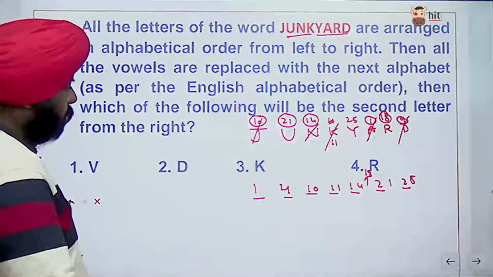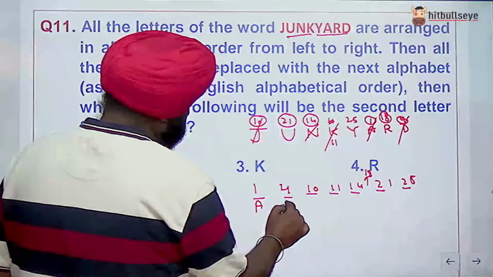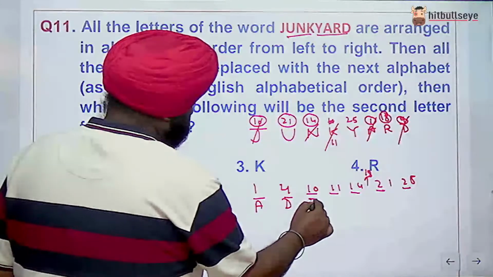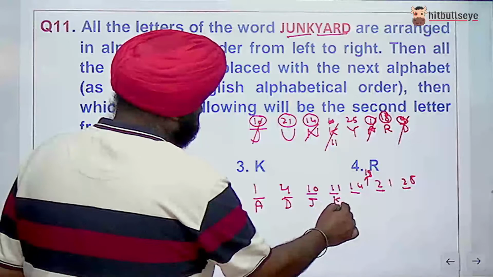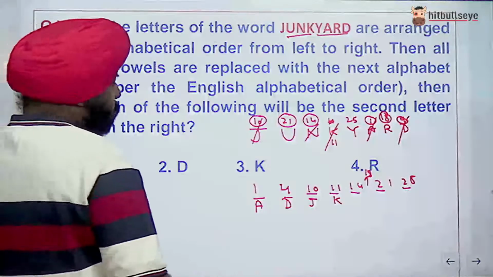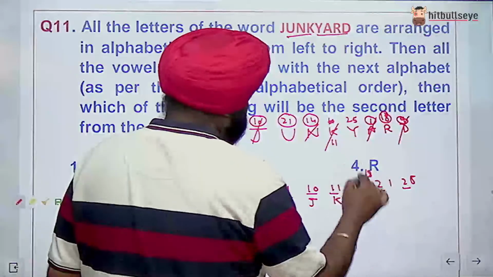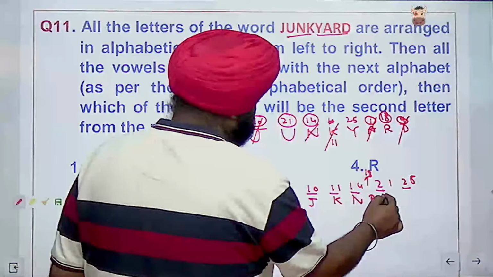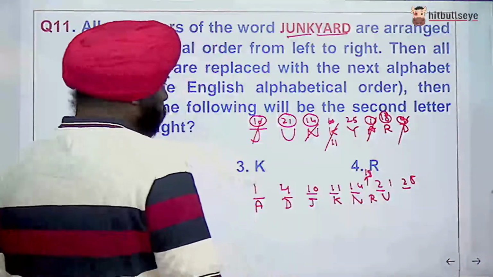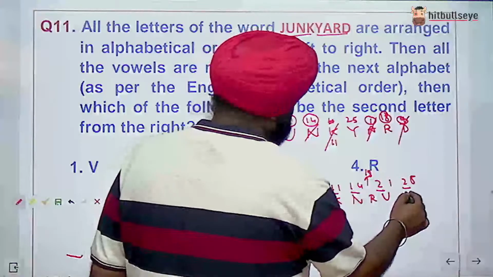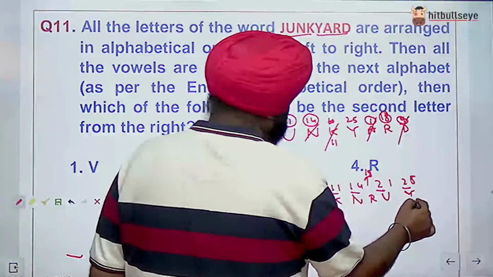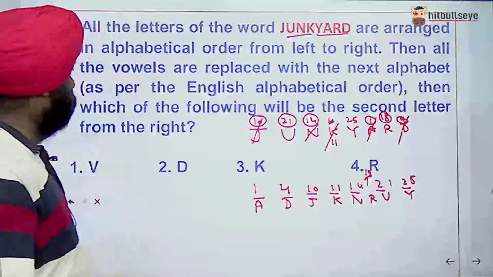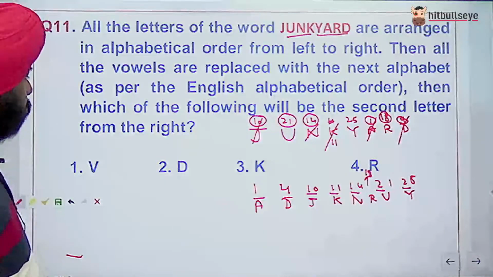So if I write all this, 1 stands for A, 4 stands for D, 10 stands for J, 11 stands for K, 14 stands for N, 18 stands for R, 21 stands for U, and 25 stands for Y. Now all the vowels are replaced with the next alphabet.